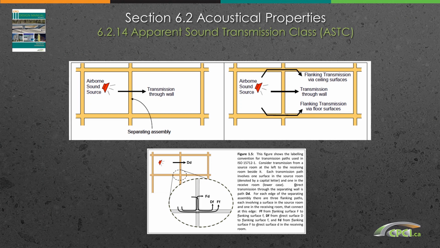The structure-borne paths usually will significantly affect the overall sound transmission. The apparent transmission loss, or ATL, between adjacent rooms includes the combination of direct airborne transmission through the separating assembly and structure-borne flanking transmission via 3 pairs of wall and floor surfaces that are connected at each of the 4 edges of the separating assembly. This is shown in the bottom diagram.